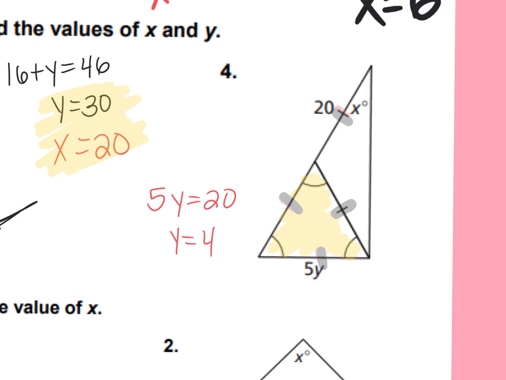Okay? So that's y. To figure out x, do you see how these two sides are equal? Doesn't that mean these two base angles are equal? So I could call them both x, right? So x plus something is equal to 180. I have to figure out this angle measurement. Well, what do you notice about this angle and this angle added together?